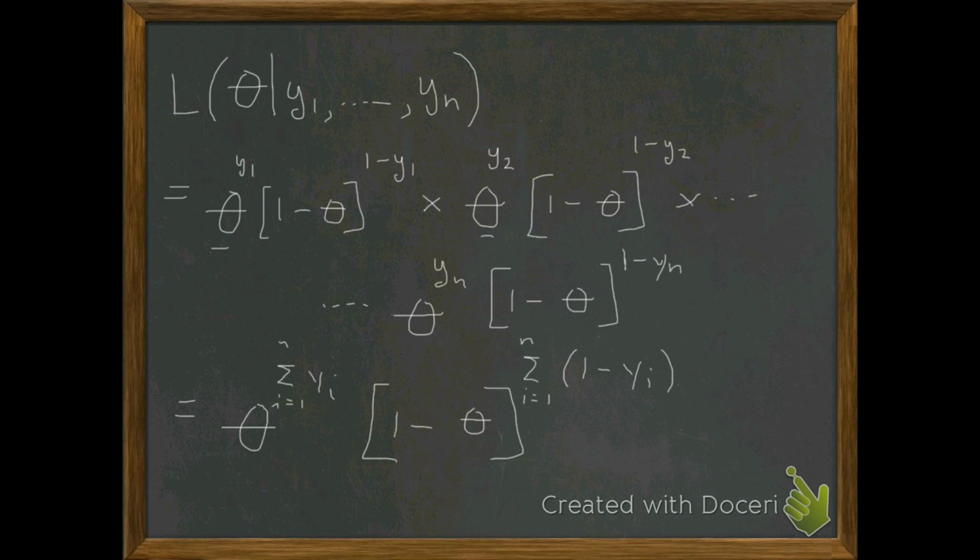Okay, now, let's clean it up a little bit. So this is 1 to n, 1 minus theta, write it real big because it's important.